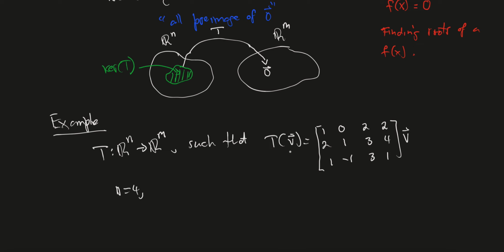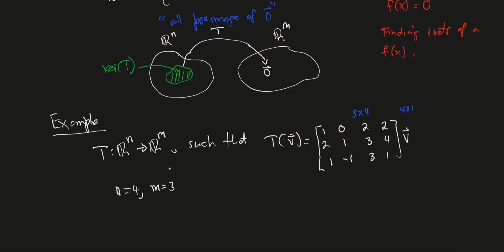And then my output will be a 3 by 1. Because let's write down what we know about matrix multiplication: if this is a 3 by 4 and V is a 4 by 1, then the output would have to be a 3 by 1. So that means the codomain in this case is R3.